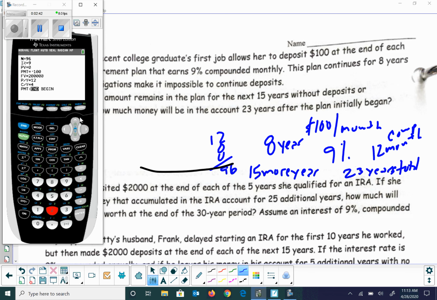So again, when you arrow, your C/Y will change. And so I'm going to clear out our final value, which is going to be alpha solve. So that means after she has invested for those 8 years, she's going to have $13,985.61 or 62 cents.